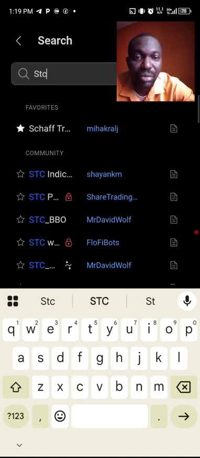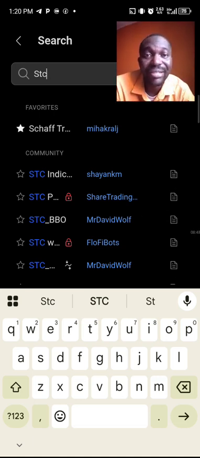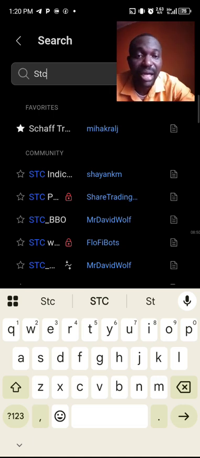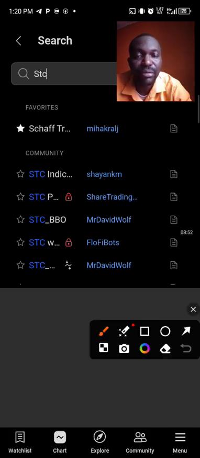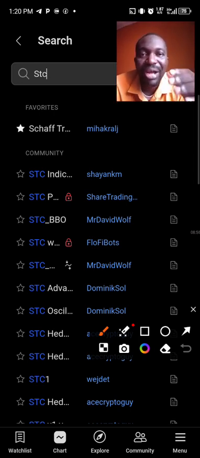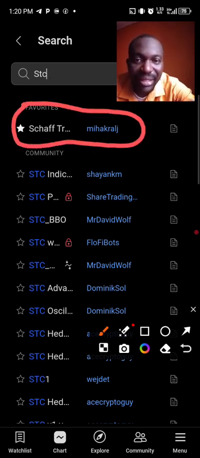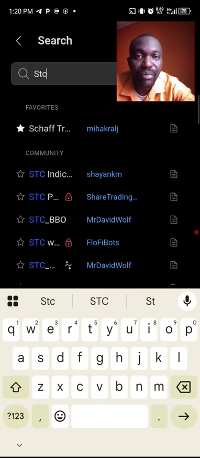Okay, now this is the one we want, because there are so many STC indicators; so many developers and traders put their indicators out there for people to use. But the one that we have found interest in is this particular one right here. This is called Schaff Trend Cycle, and it was created by Michal Kraj. Okay, so we'll select that one.